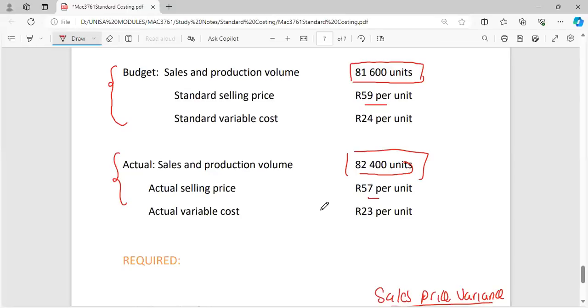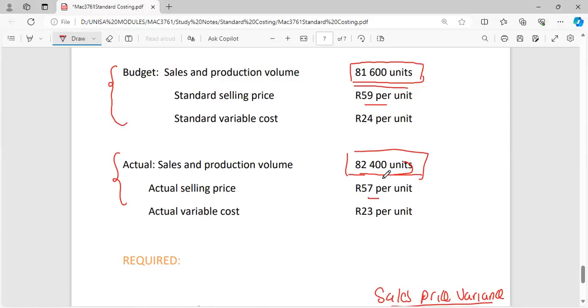Remember, I told you cost variance is the one where you don't focus on the actual. You remember what we did in cost variance, but here on sales variance, you need to work out the budgeted and the actual quantities.